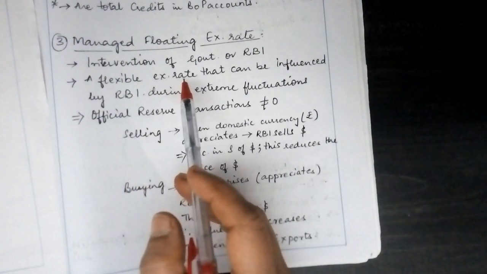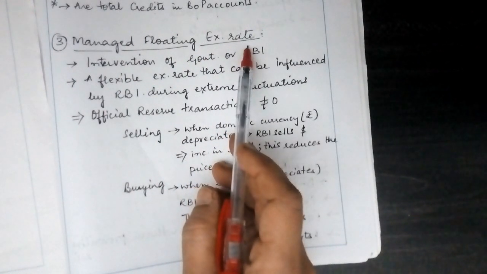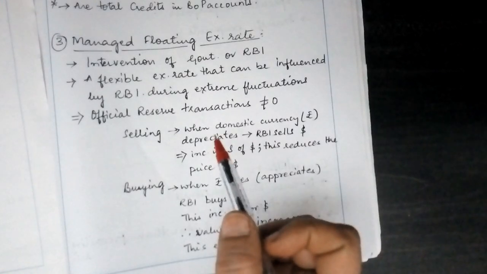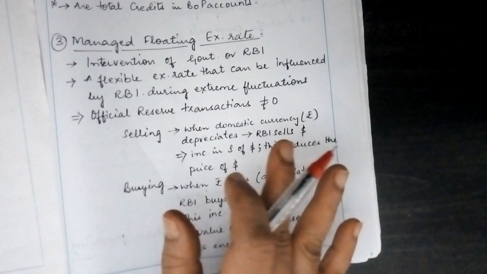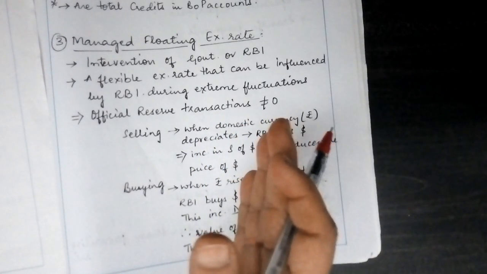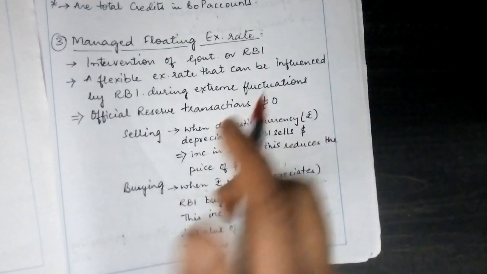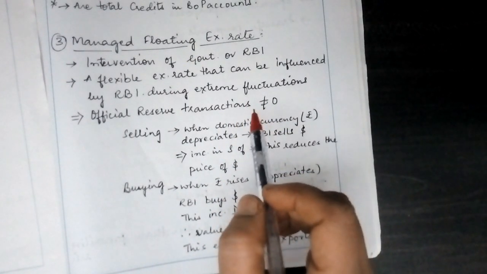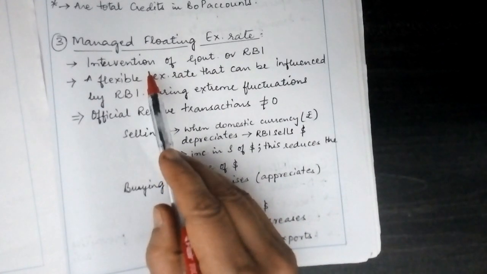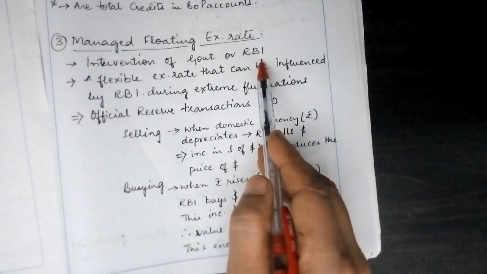Now, the third system is the managed floating exchange rate. This is without any formal international agreement. The whole world moves on to what can be best described as the managed floating exchange rate system. In this system, the exchange rate is determined by the combined forces of demand and supply of foreign exchange. So there is an intervention of the government or the central bank or the RBI.